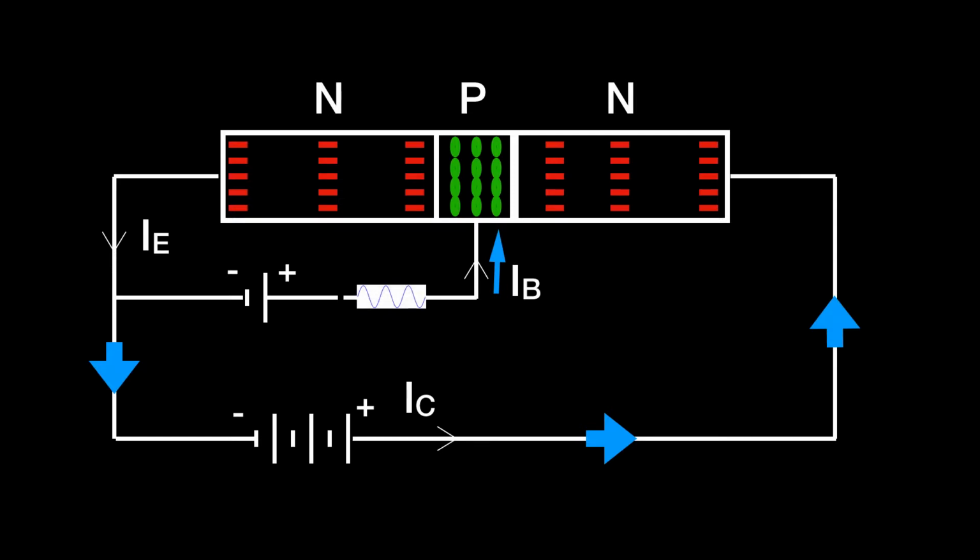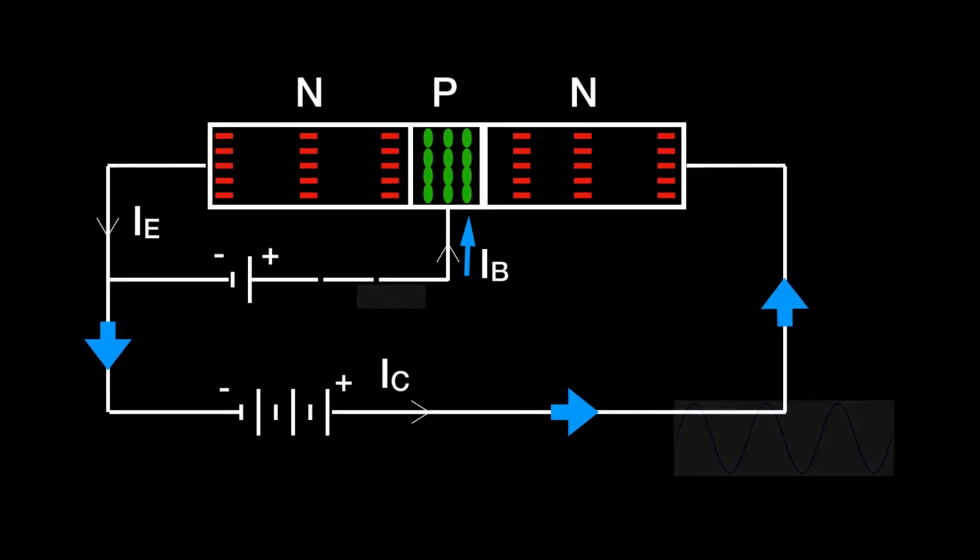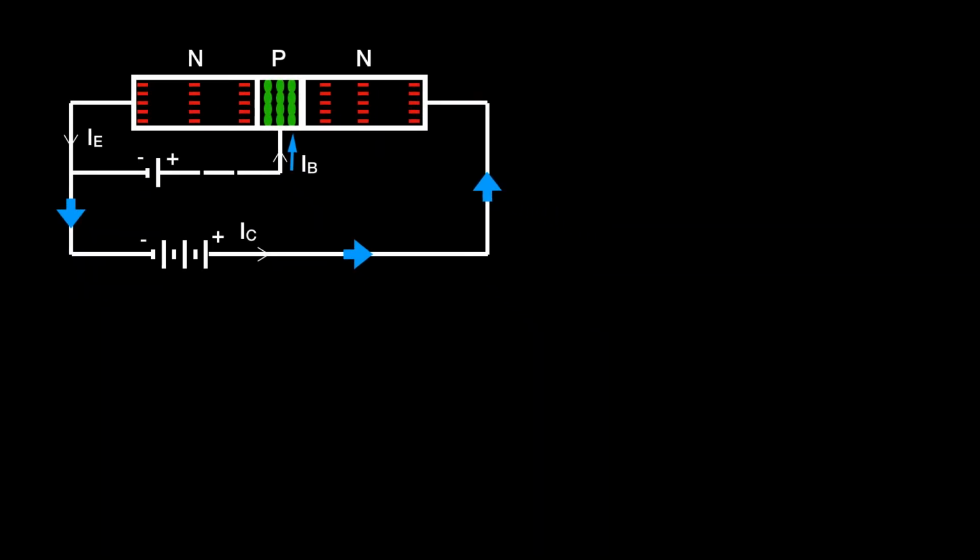So if we superimpose a small AC signal onto the current flowing into the base, that will produce a larger AC fluctuation of the current flowing through the emitter collector circuit. Let's have a little look at these.